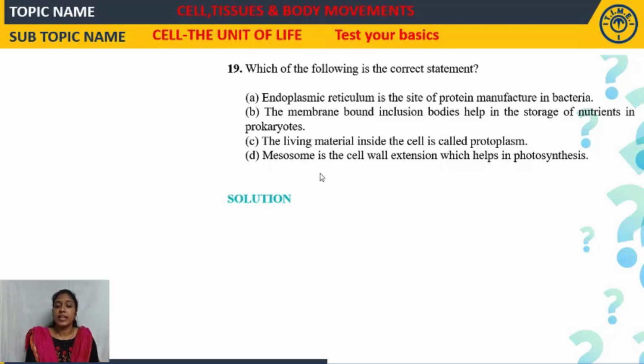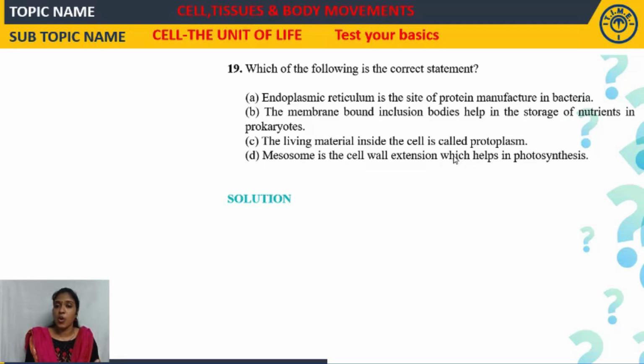Then D. Mesosome is the cell wall extension which helps in photosynthesis. Mesosome is a cell wall extension, that part is correct. It can be seen in prokaryotes like bacteria. Then it is said that it helps in photosynthesis.